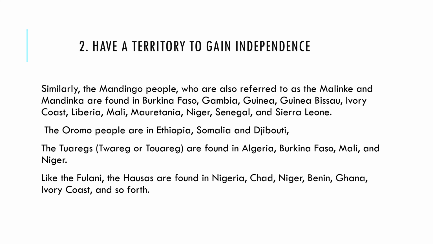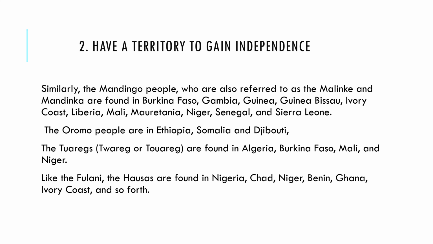Similarly, the Mandingo people, who are also referred to as the Malinke and Mandinka, are found in Burkina Faso, Gambia, Guinea, Guinea-Bissau, Ivory Coast, Liberia, Mali, Mauritania, Niger, Senegal, and Sierra Leone.